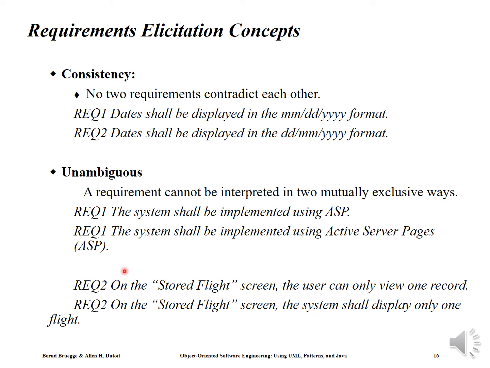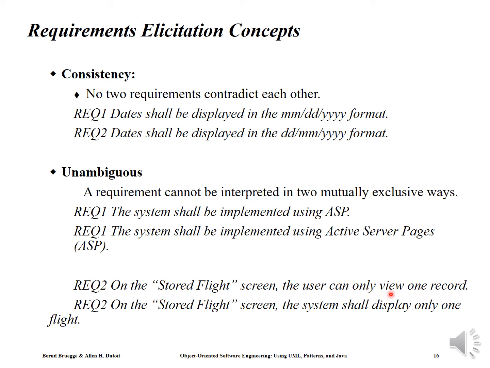Another requirement states that on the stored flight screen the user only view one record. Now does this mean that the user can only view, not delete or update, or does it mean that the user can only view one record? So there is an ambiguity here.